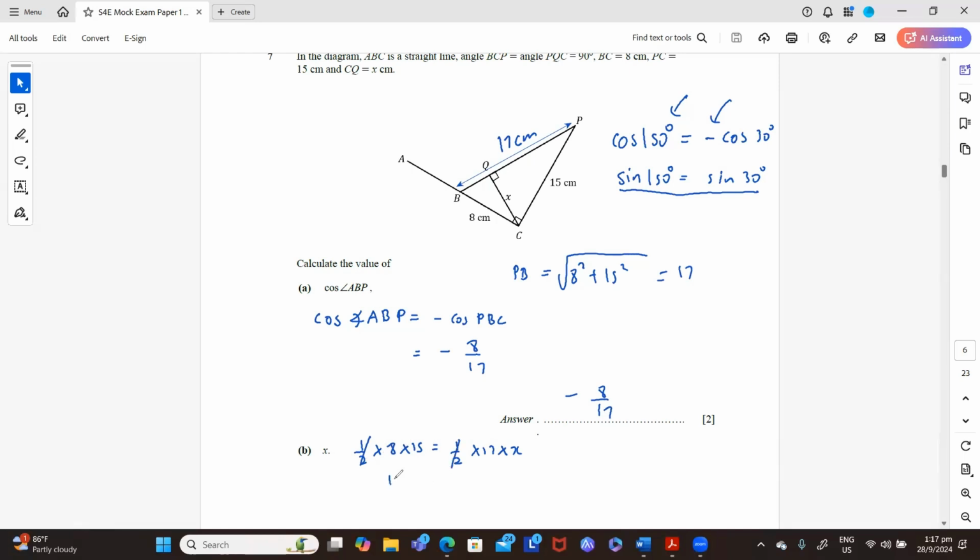You just have 120 equals 17 times X. Therefore, X is 120 over 17, which equals 7.0588. Round it off to 7.06 cm. That's your answer.